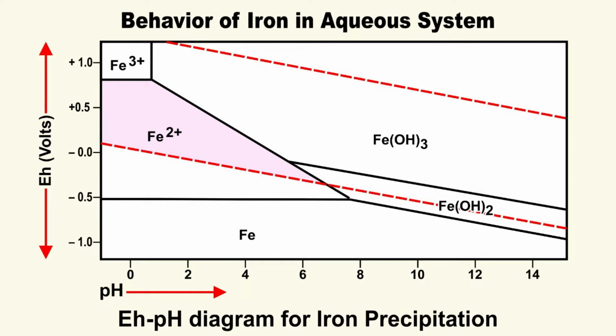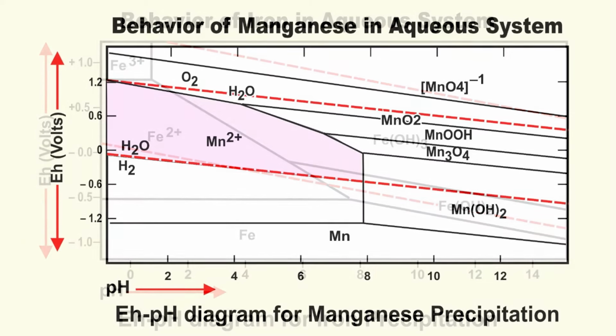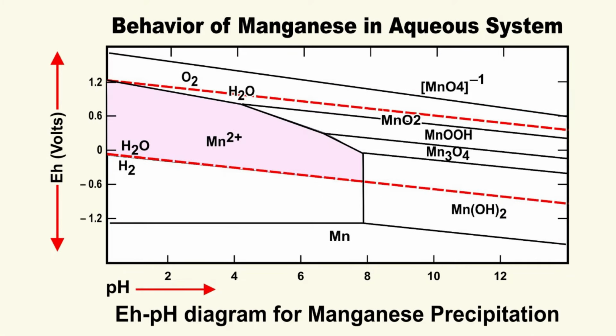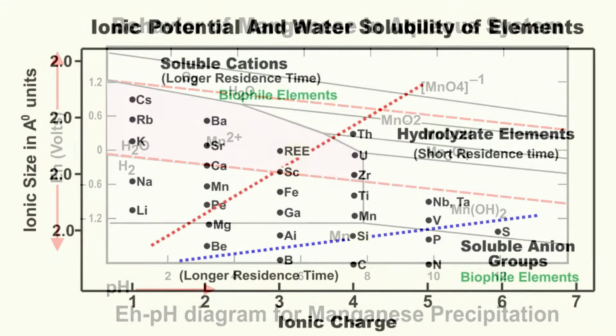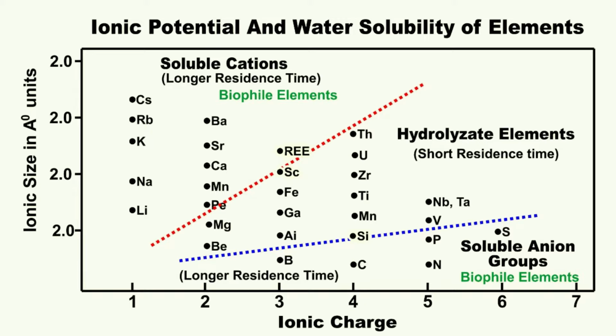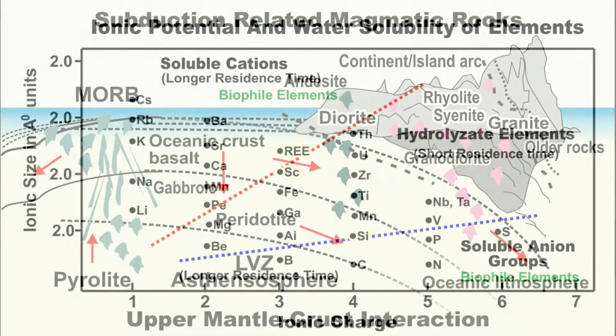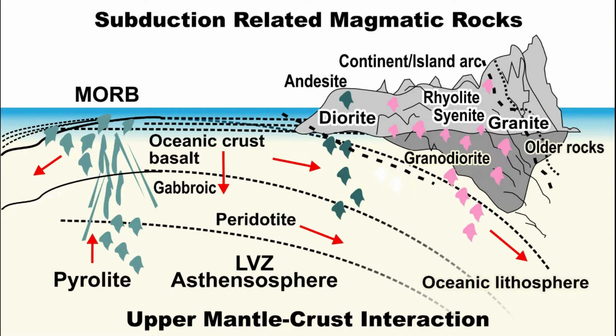Besides, the iron and manganese hydroxide minerals also possess very strong adsorptive power, similar to the clay minerals. They adsorb many elements like the REE, tungsten, vanadium, arsenic, antimony, nickel and cobalt, molybdenum, lead and zinc, while they precipitate.